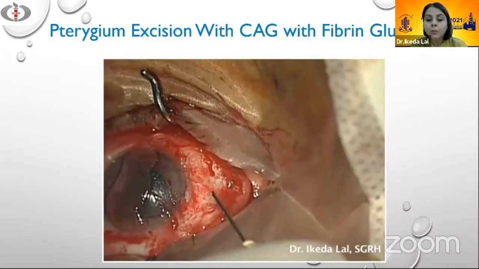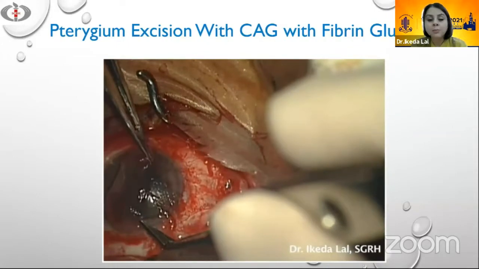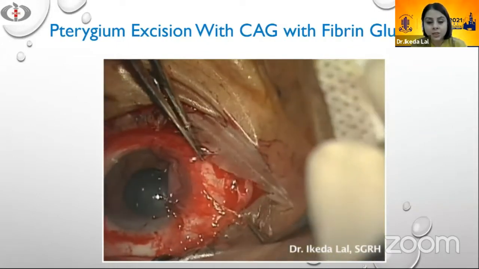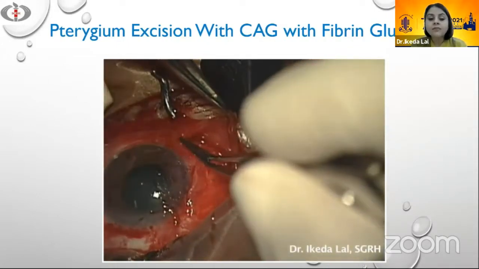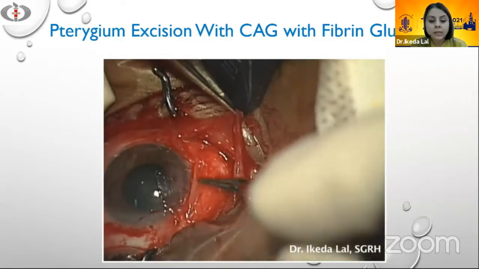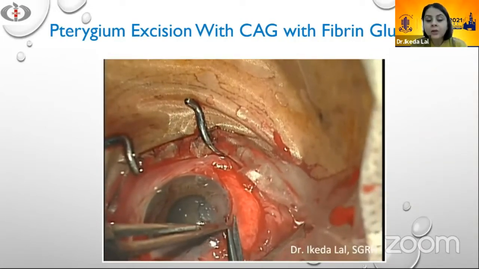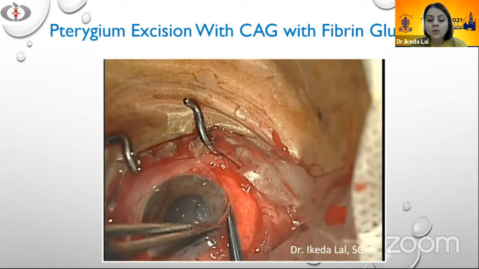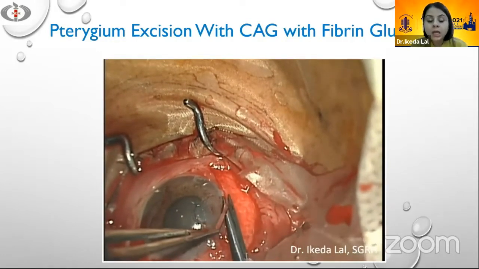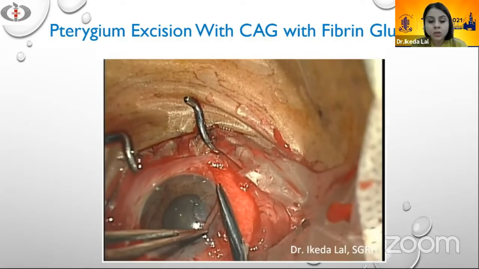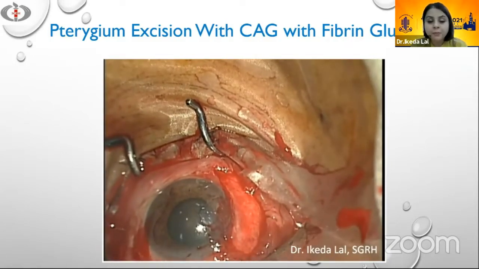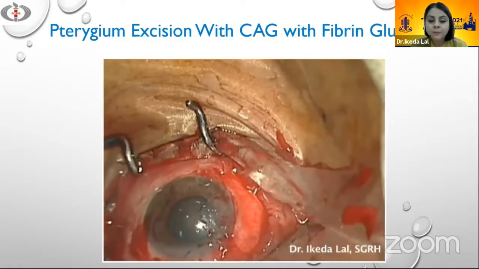The fibrin and thrombin components are being used separately in two 1 ml syringes, and then the graft is being positioned in its place. It is very important to iron out the graft properly and to remove any excess overhanging tissue on the cornea. This step ensures a good cosmetic outcome to the patient. This is the end of the procedure.